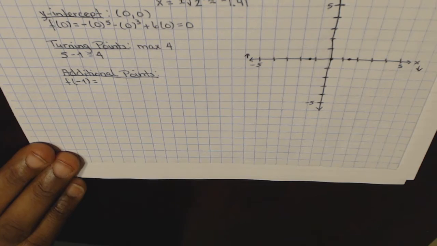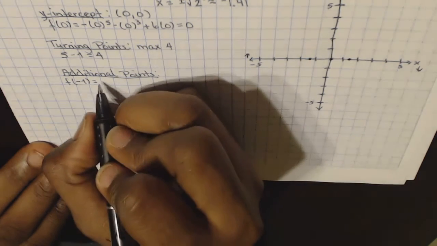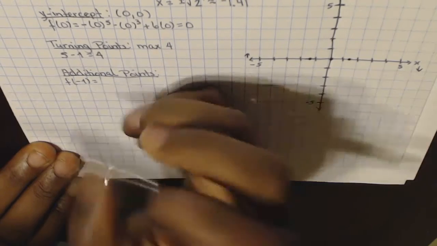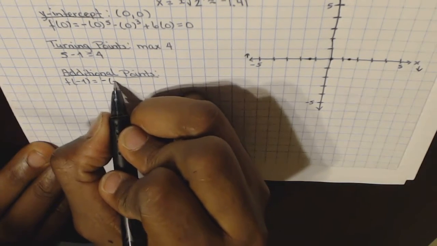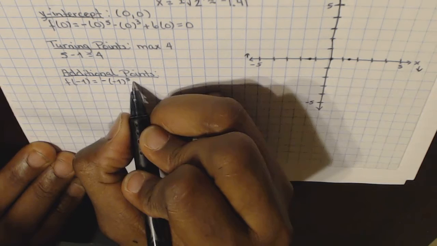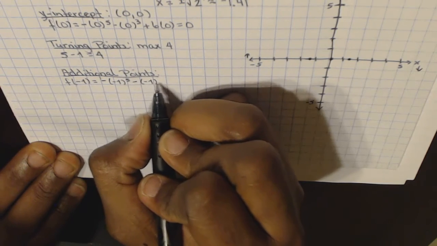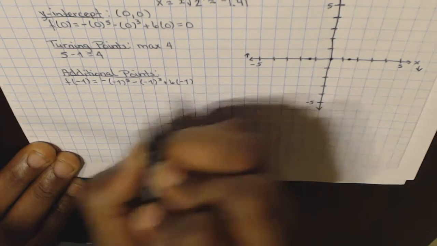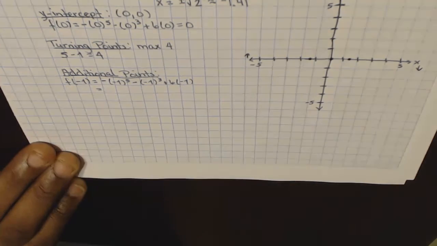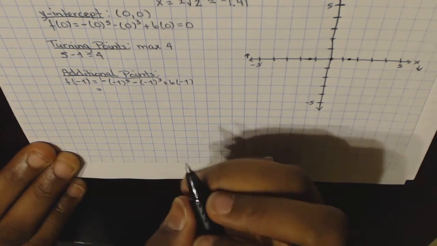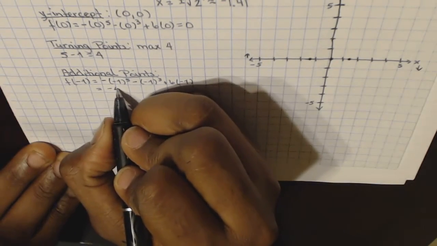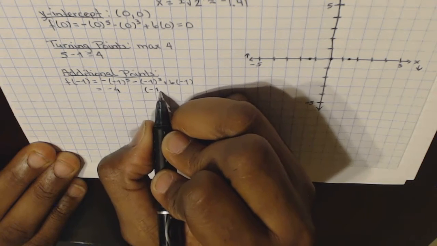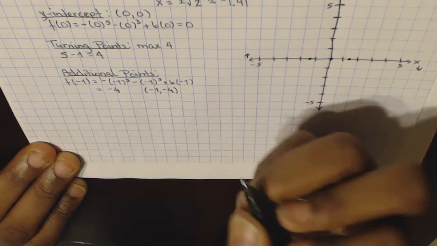It'll be easy to find for the most part. So I'll plug that into the function. So I have the opposite of negative 1 to the 5th minus negative 1 cubed plus 6 times negative 1. As I work that out, I have negative 4. So the point is (-1, -4).